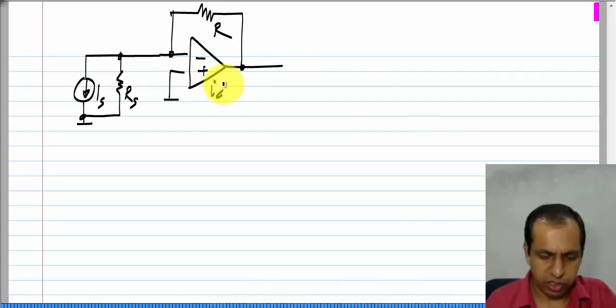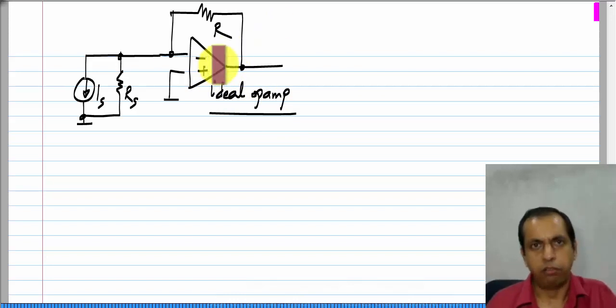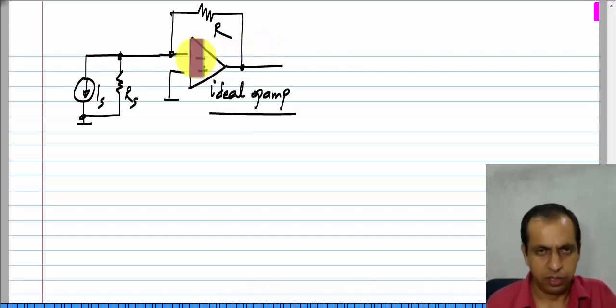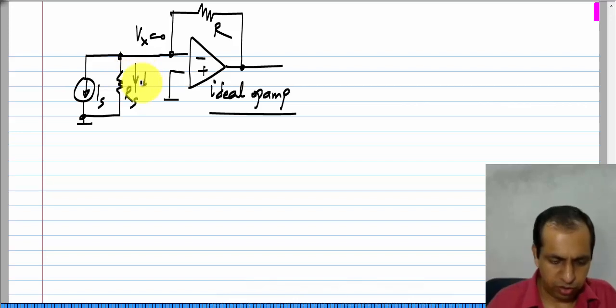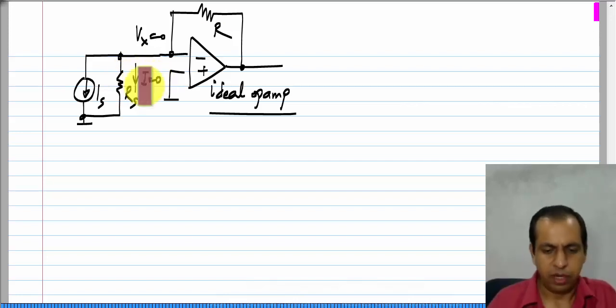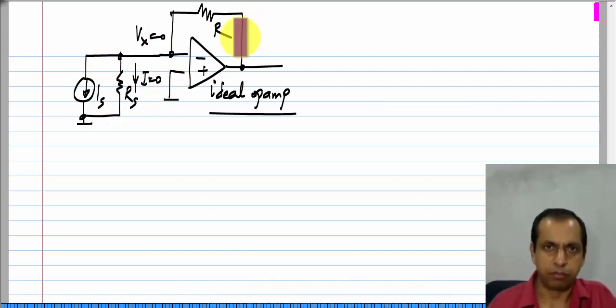Again I am considering an ideal op amp here. This is a negative feedback, as you can verify for yourselves. Now, this V x here is 0, which means that no current flows through this R s. And if no current flows through it, I could remove it and it makes no difference to my circuit.